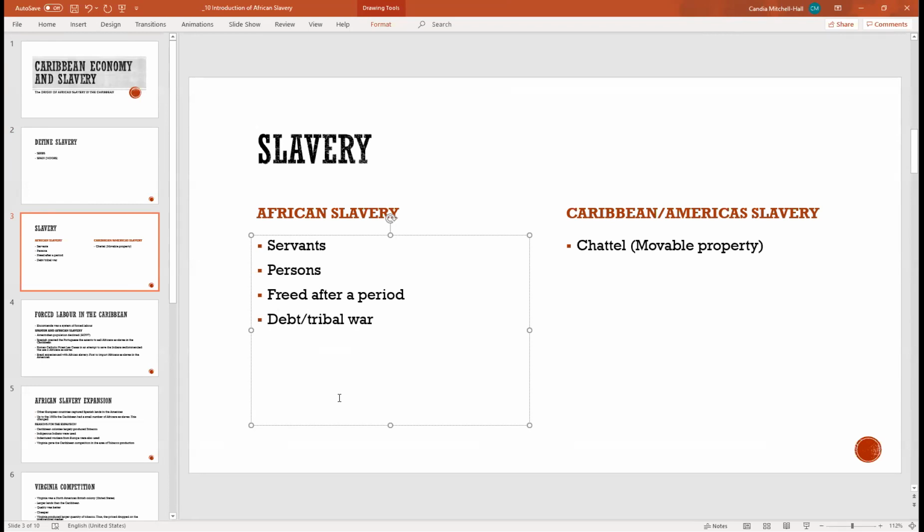Africa is a very diverse place, with different people with different cultures, different perspectives, different leaders. So we call them tribes. And in tribal warfare, if you go into a village and capture people from that village, you could enslave them.